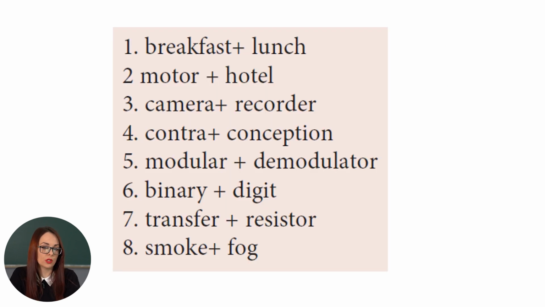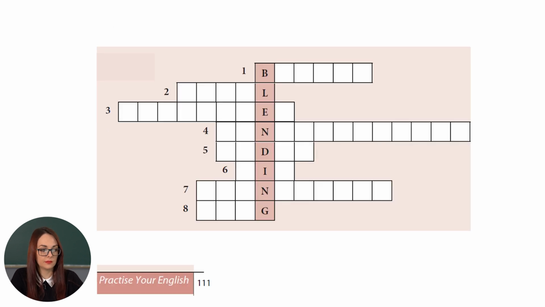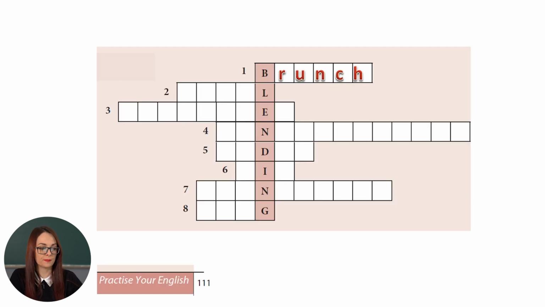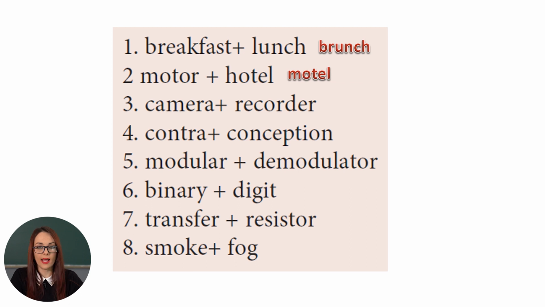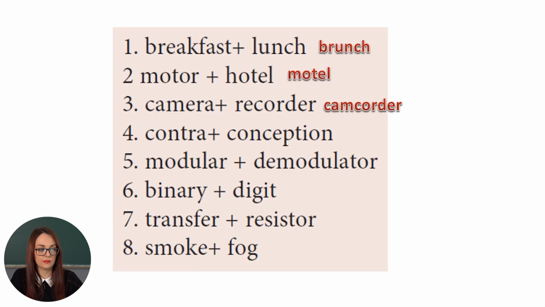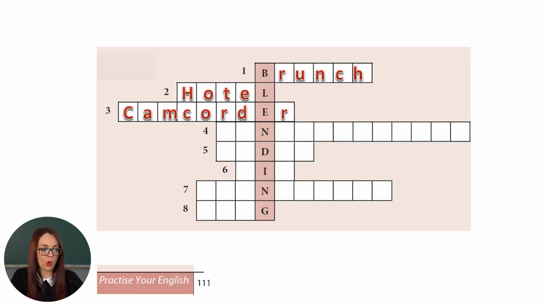Now complete the crossword using the blends or acronyms of these words. So breakfast and lunch is brunch. Motor and hotel is motel. Camera recorder is a camcorder.